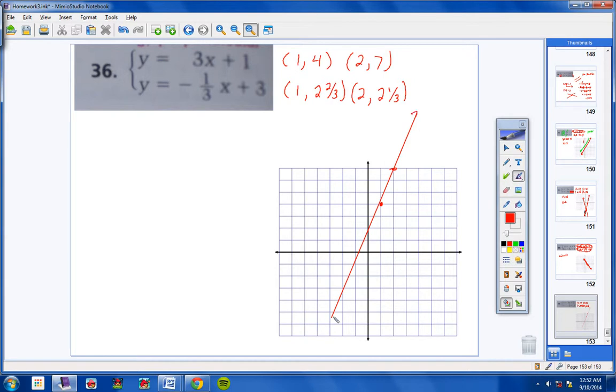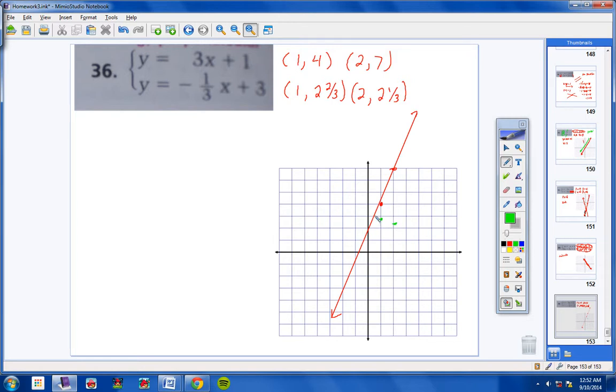Now let's go ahead and get our second line here. And it looks like our second linear equation will have a point at over 1 and up 2 and 2/3. So about right here, over 1, up 2 and 2/3, and then over 2 and up 2 and 1/3, like this.